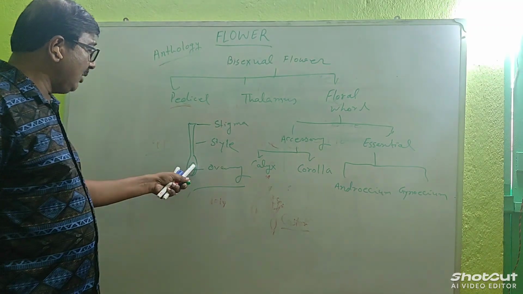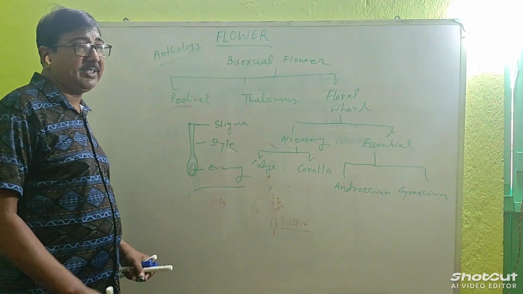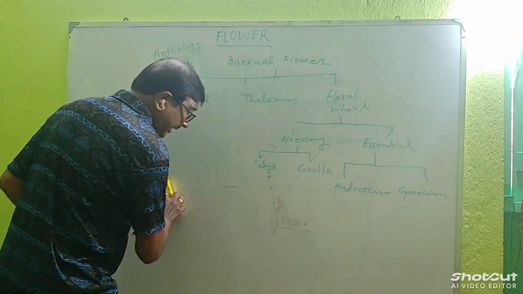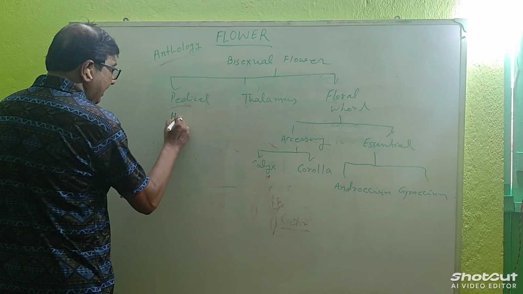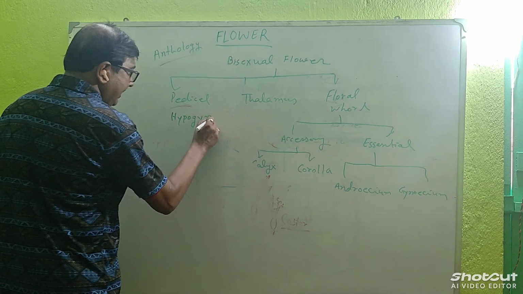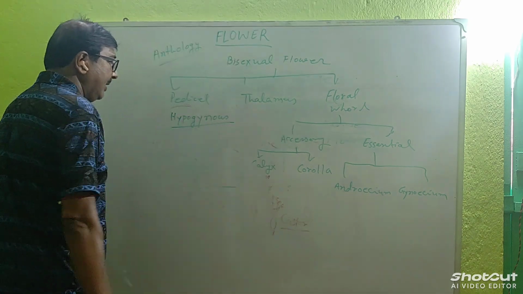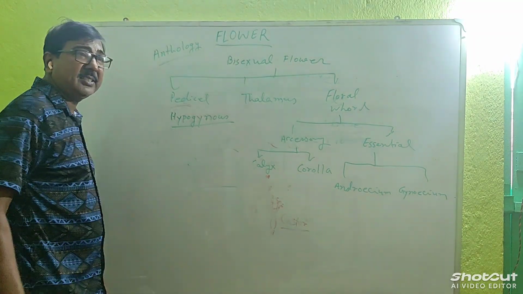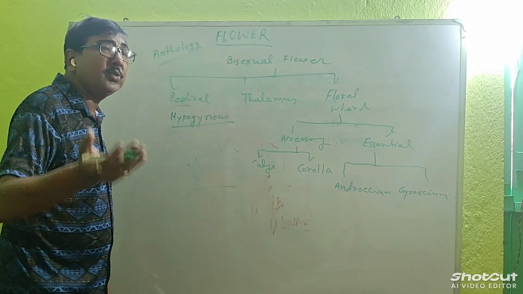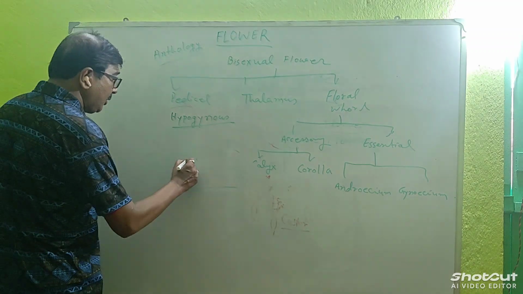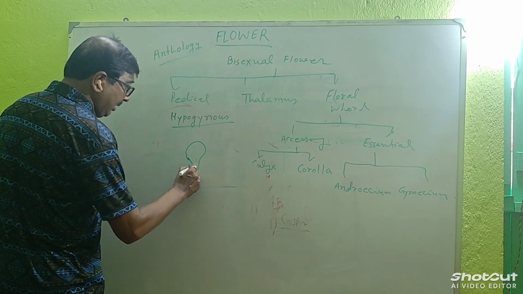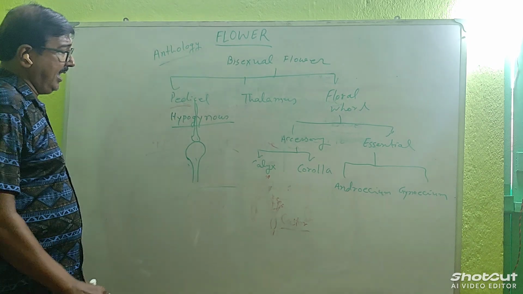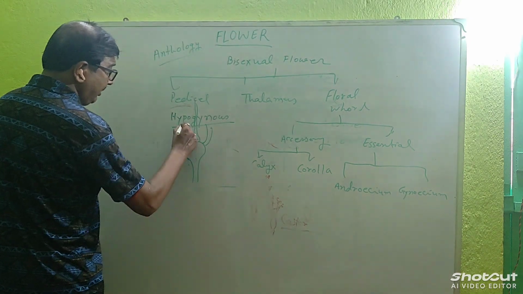Depending on the location of the ovary, there are different types. First is hypogynous. How does it look? In hypogynous, the ovary is in the superior position on the thalamus, and the other parts of the flower are present below the ovary.